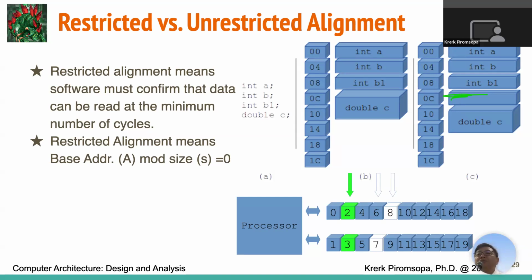Intel can do either restricted or unrestricted, but I would say Intel is unrestricted alignment. But if you do the alignment, it will be faster. So that's why some programs would use more memory in exchange for better performance, being able to read faster.